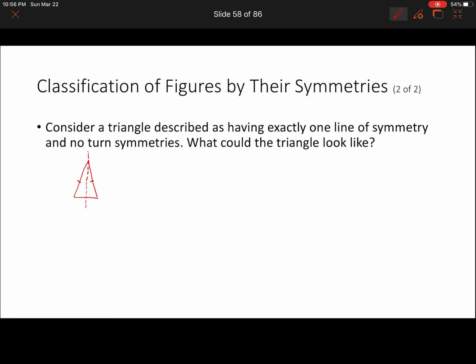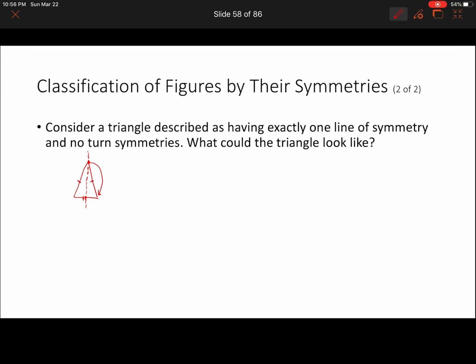If it has no turn symmetry, so think about how a triangle could have a turn symmetry. It's only going to have a turn symmetry if it's equilateral. Because if you were to take, in this example, this point at the top, and you were to rotate it to here, well, then it's not going to look the same. Because this shorter side, this one down here, is not going to be the same as the other two.